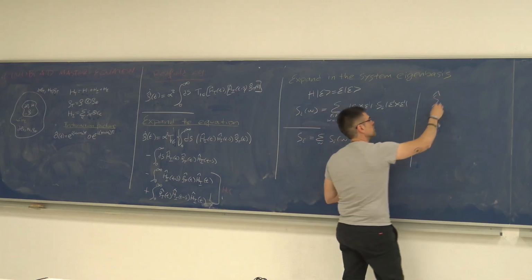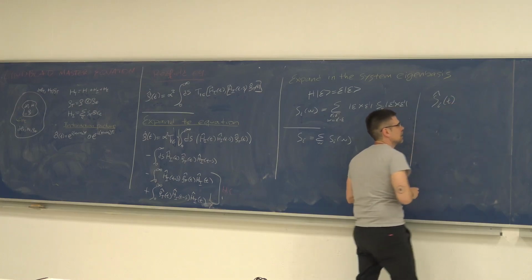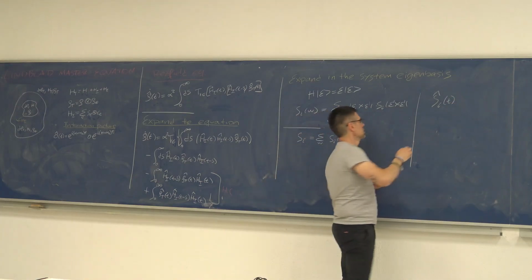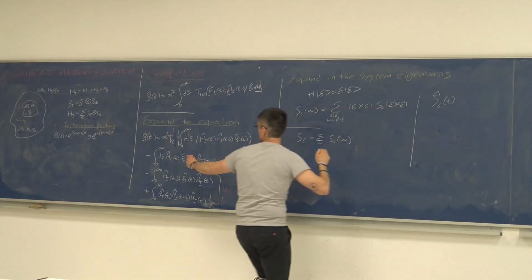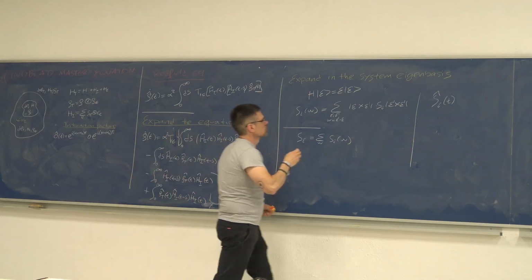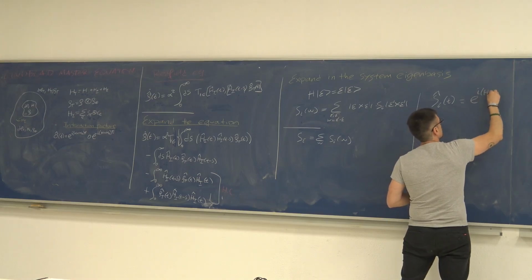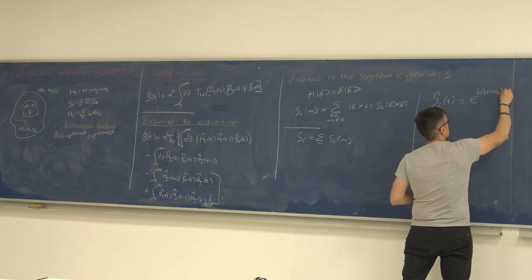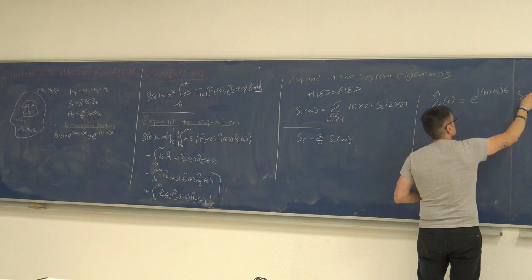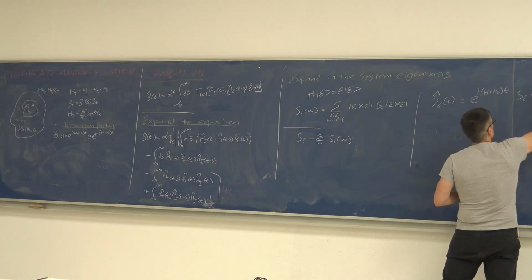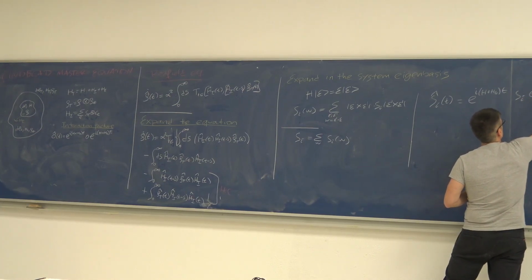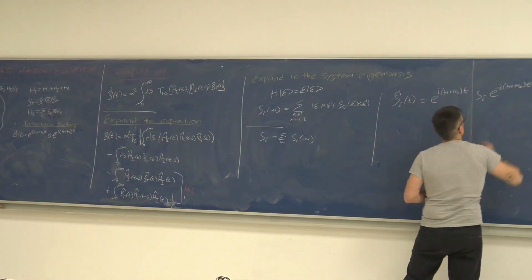If we are in the interaction picture, this S hat, I copy it here, transformed by this definition. This is exponential of i(H plus H_E)t S, exponential of minus i(H plus H_E)t.